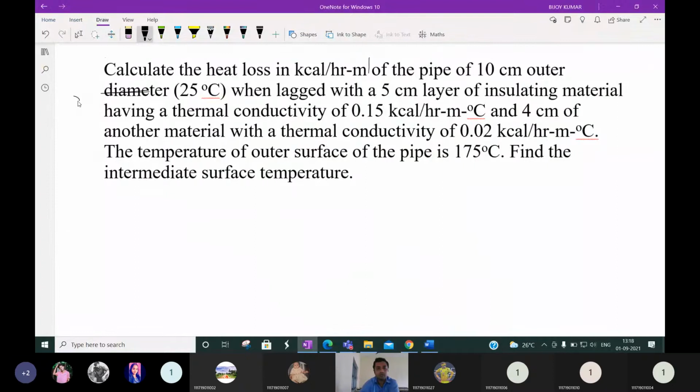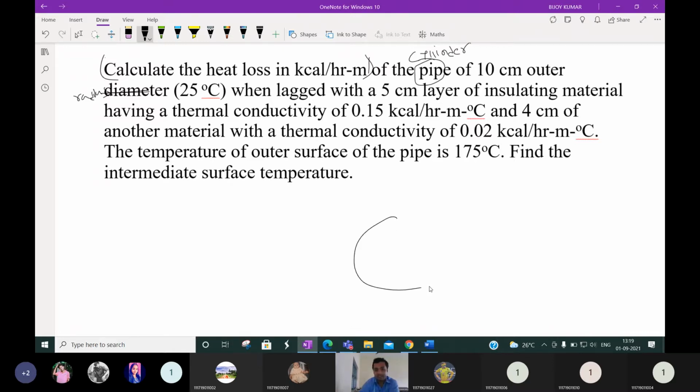This is nothing but the radius. So calculate the heat loss in kilocalorie per hour meter of the pipe. Pipe means a cylinder.